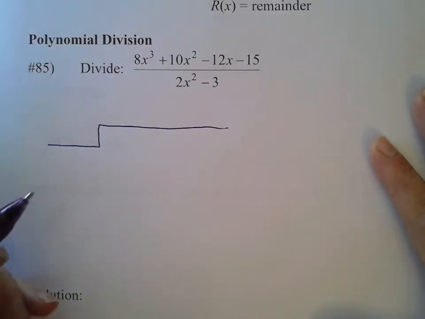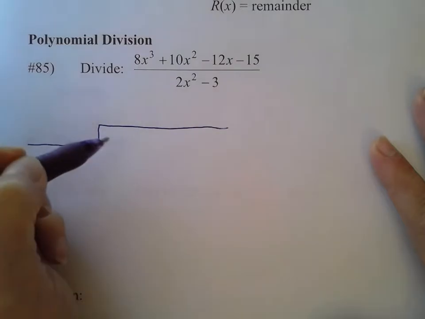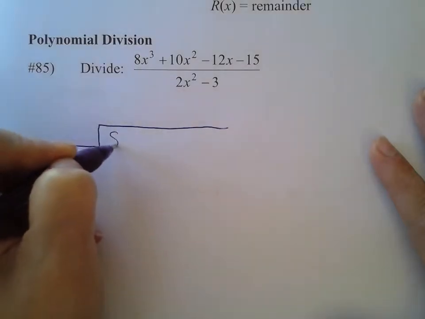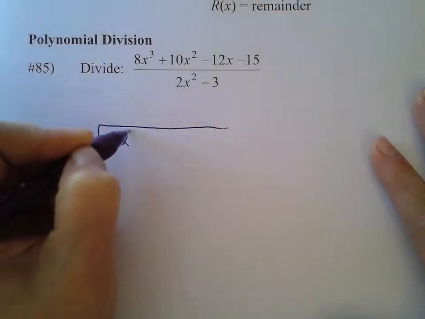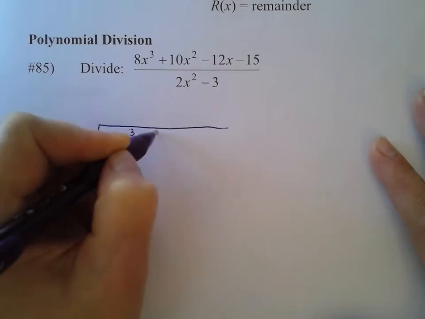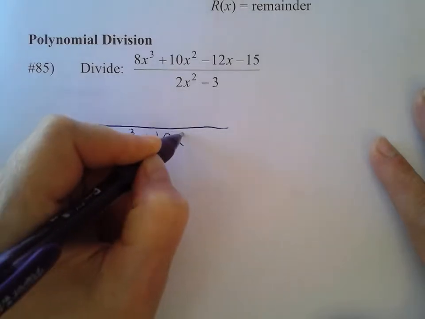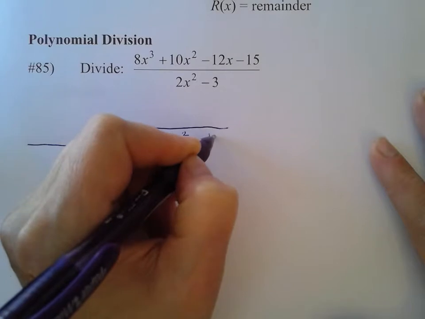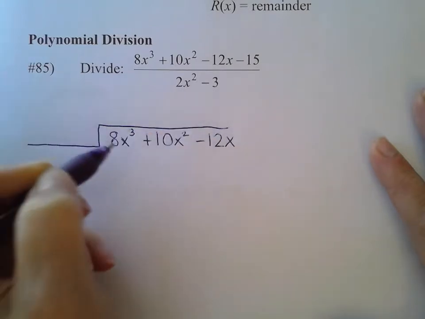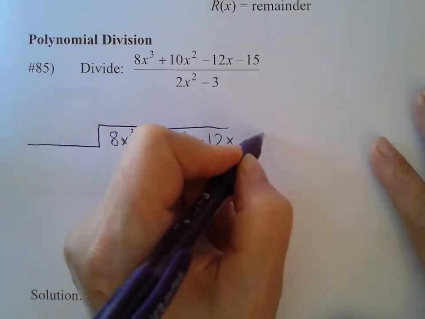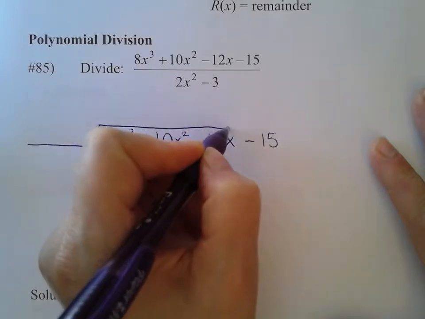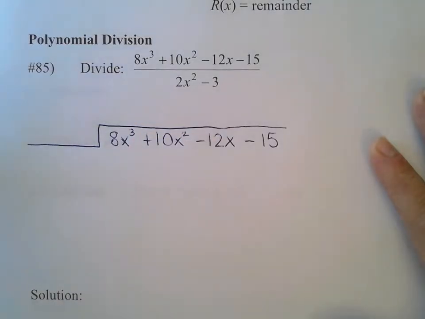If there are any terms missing, we want to account for those. The dividend is what goes inside. The dividend for this particular example does not have any missing powers of x. It counts right down, so we don't have to fill in the gaps.